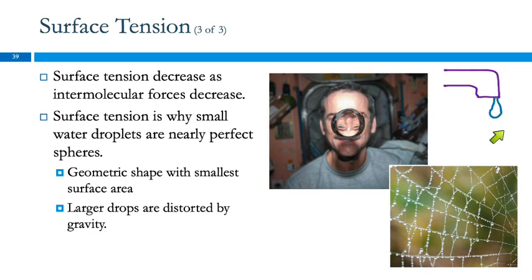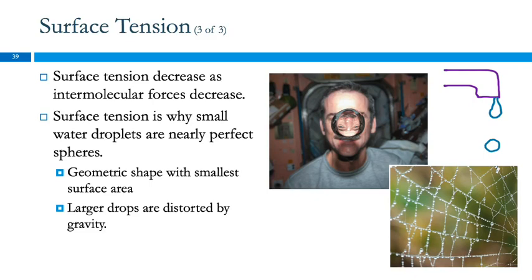Why isn't this spherical? Because gravity's pulling down on it. Once it lets go and falls, you can find high-speed animation or high-speed photography videos of this. It will jiggle around and readjust, but eventually, as it's falling, it will form a sphere because it's the least amount of surface area.